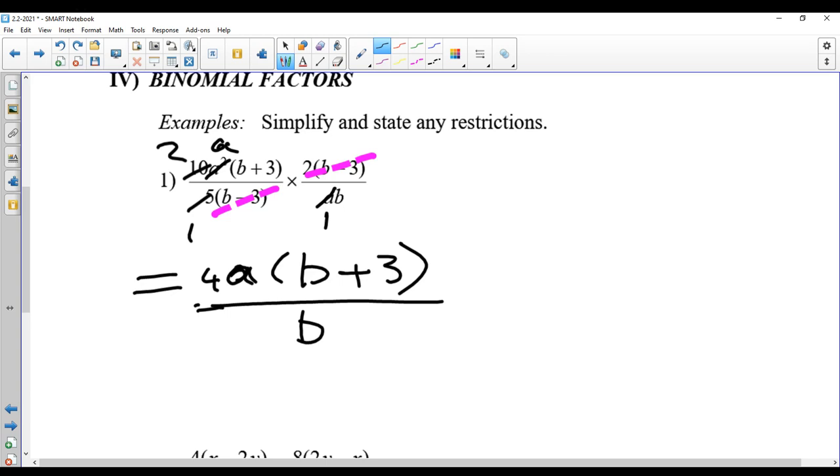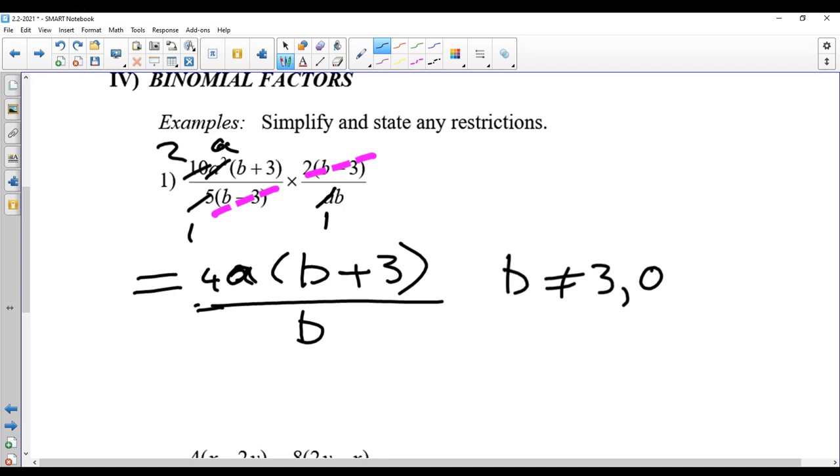Okay, I need to know what variable we're talking about. So this cannot be equal to this. B cannot be 3. Good. Is there any other value of B that would be a problem? 0. Thank you very much. But we're not done. There is more. Anybody?